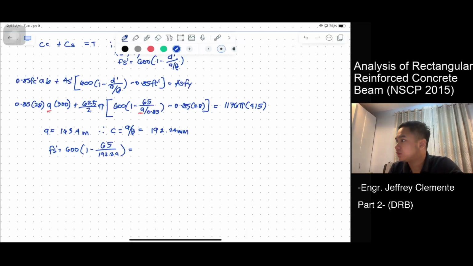So, the answer would be 397.13 megapascal. So, still, Fs prime is less than Fy. Therefore, Fs prime will not yield.